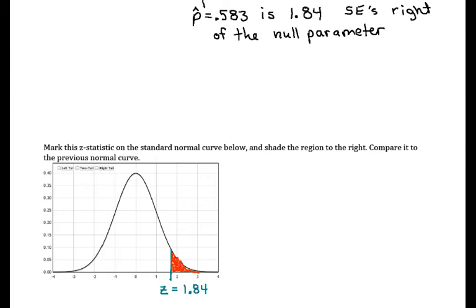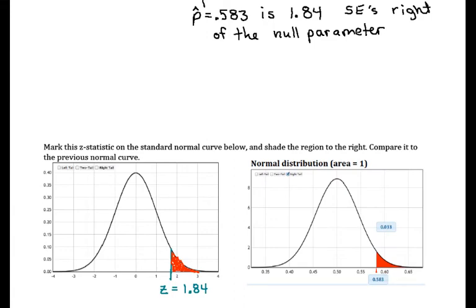So this is tail area from a standard normal curve. And if we compare it to the curve that we looked at that wasn't using the standard normal distribution, but instead was using the normal distribution centered at the null parameter and with standard deviation equal to the standard error, and we had, instead of our z-statistic here, p hat marking the edge of this tail, they look otherwise exactly the same.